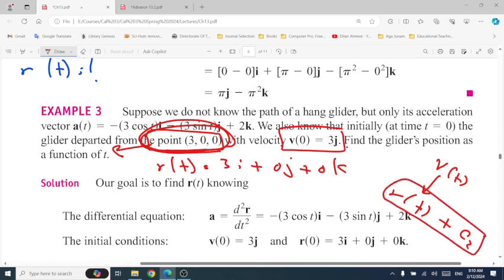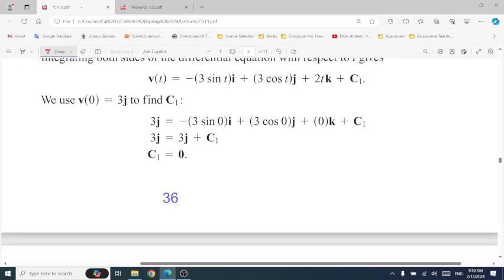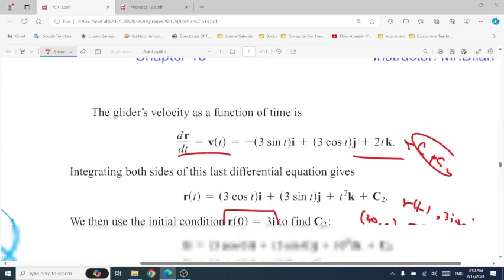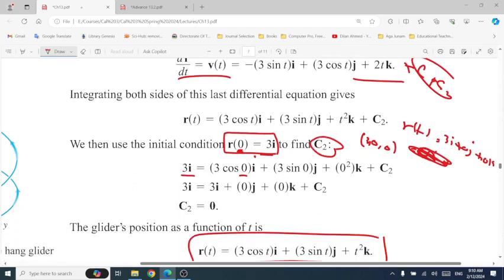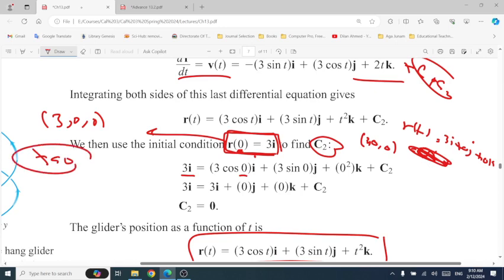To find C2, we use the given when t is equal to 0. You got it? First position, the location. Before, he was on the mountain, before throwing himself down. Okay? You got it?